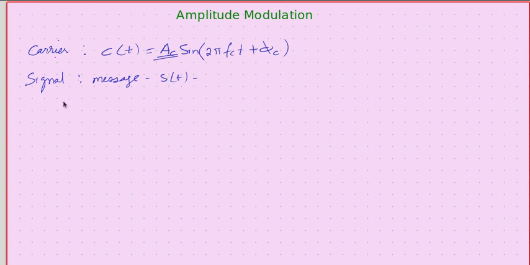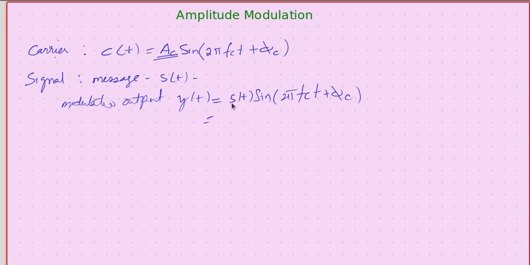So the modulated output, say y of t, should be s of t times sine of 2 pi fc t plus phi c.